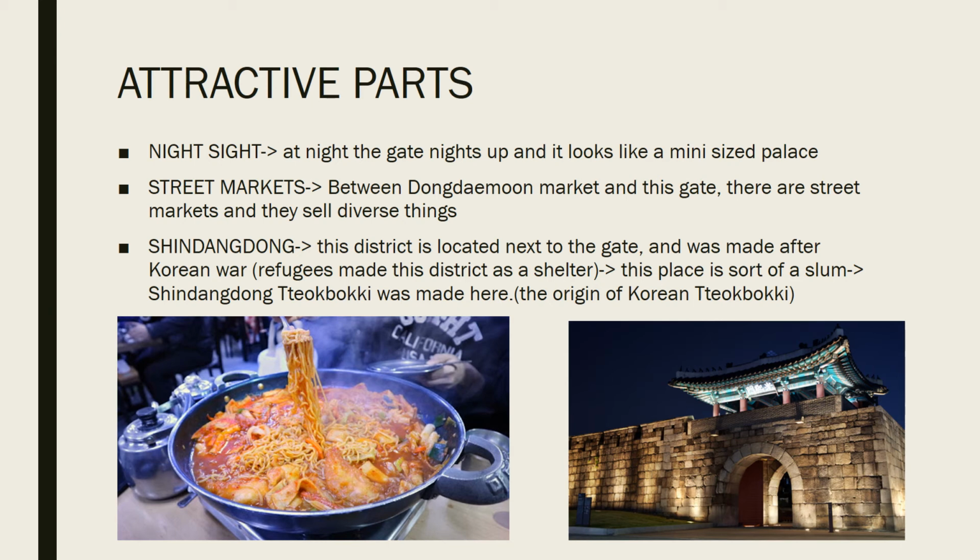At night, the gate lights up and it looks like a mini-sized palace, and it's very beautiful, so it makes it attractive. And also there are street markets between Dongdaemun Market Road and this gate. At those street markets, there are many funny and diverse things, and it's very fun to walk around and look at what they are selling.